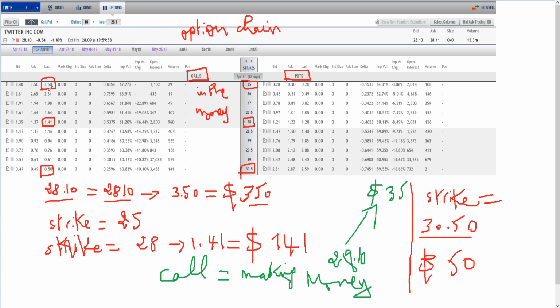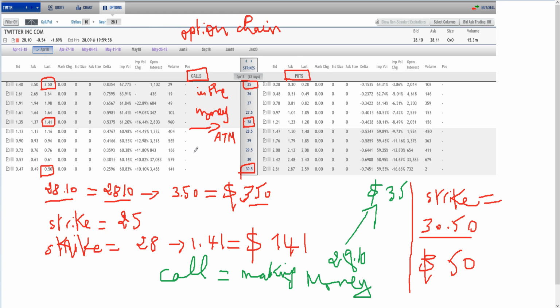That's why it is expensive. Now, if you buy, for example, at the same strike, the same price of the stock today, this is called at the money. At the money, it means you are in the middle. Okay? The strike and your price of the stock is the same.